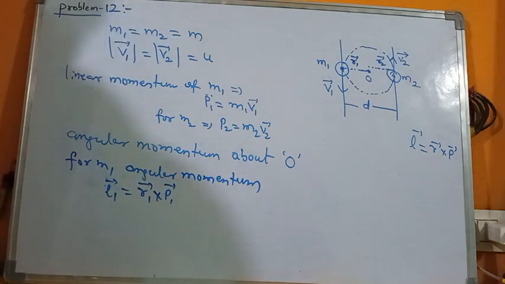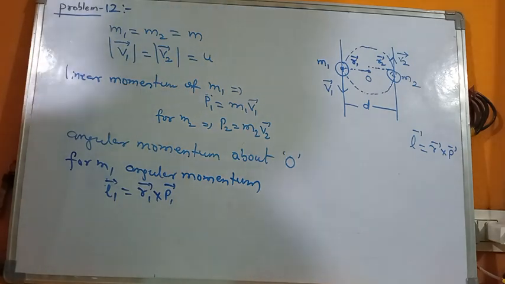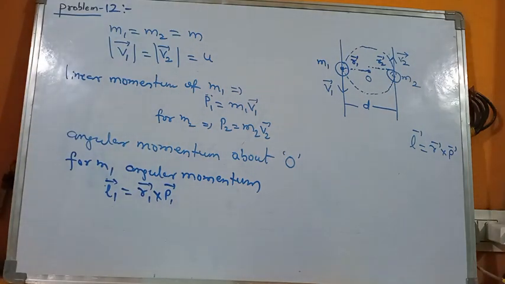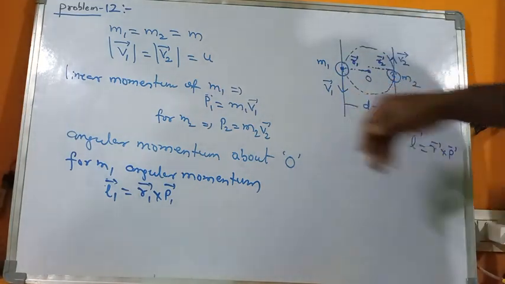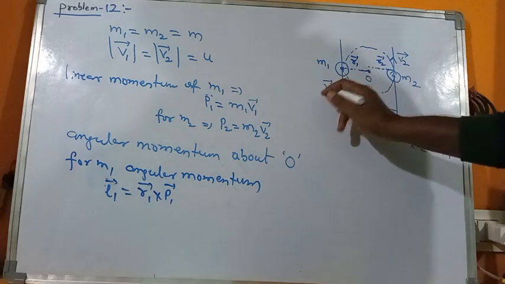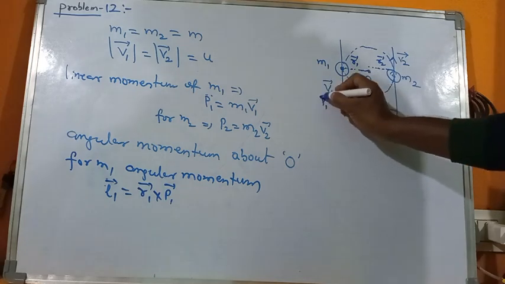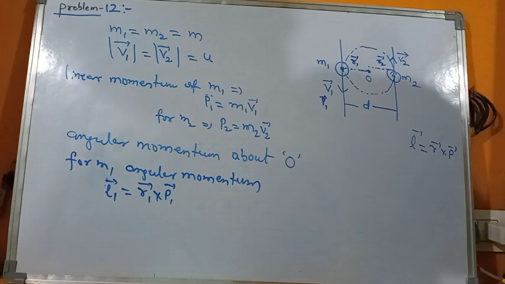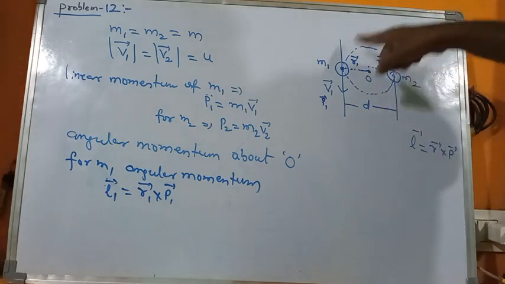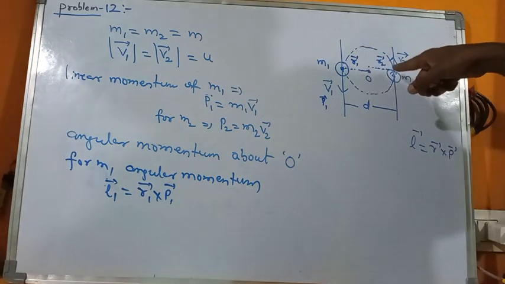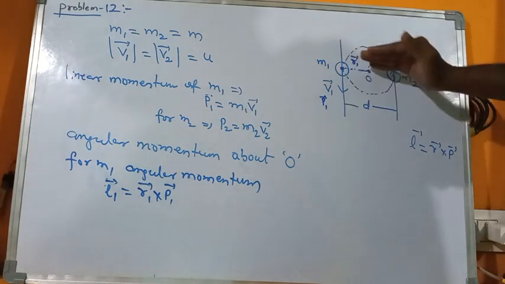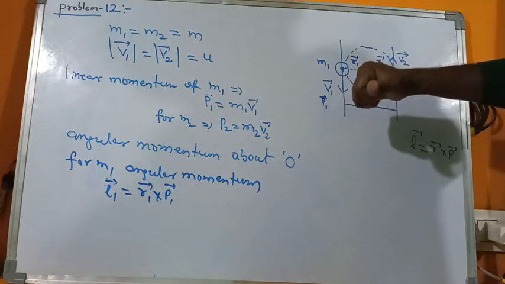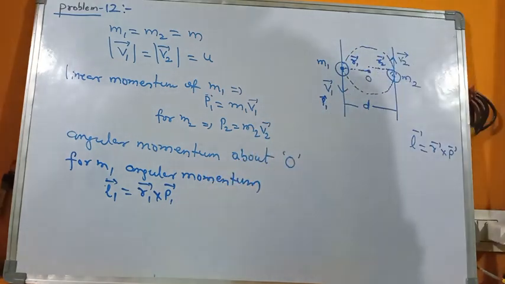The direction of R1 cross P1: this is r and this is p. The direction of p1 is the same as the direction of v. While it is moving in this clockwise direction, this is r1 and this is p1, and this is the outward direction, so it is positive.